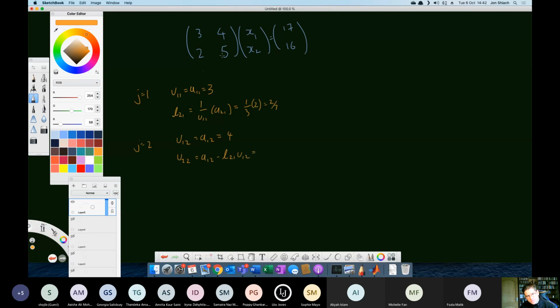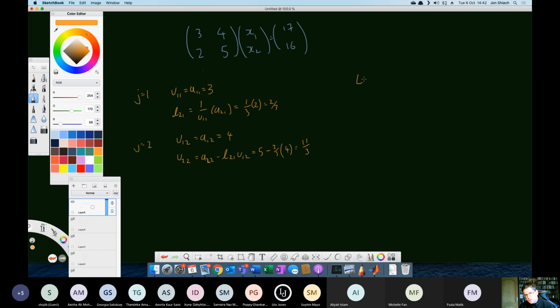So a22 is 5 minus L21, which was 2/3, times u12, which is 4. So it's 5 minus 4 over 3.